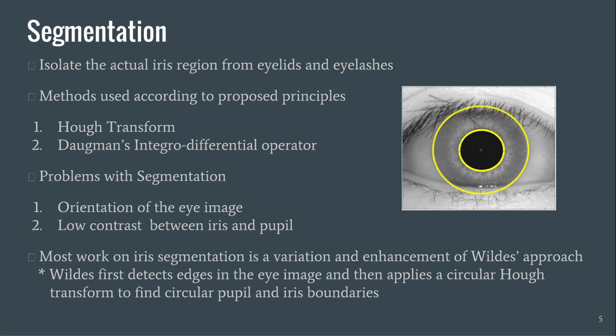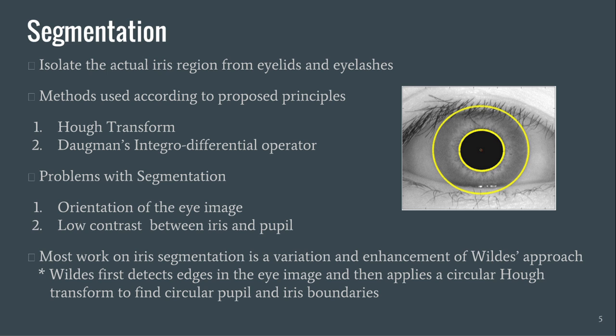There were some problems that I faced while implementing this segmentation part in my software for iris recognition. First one is the orientation of the eye image. If you don't take your picture with a face-to-face orientation, then you might not get good segmentation.